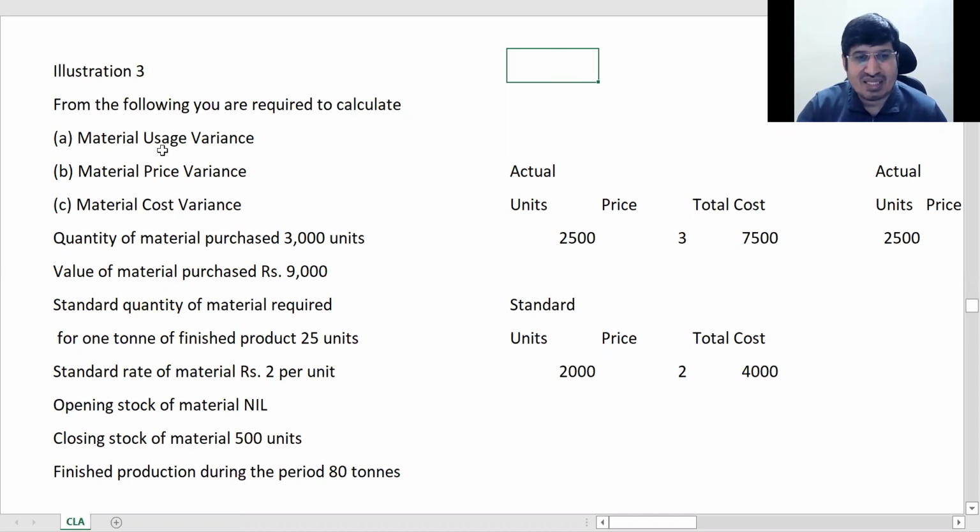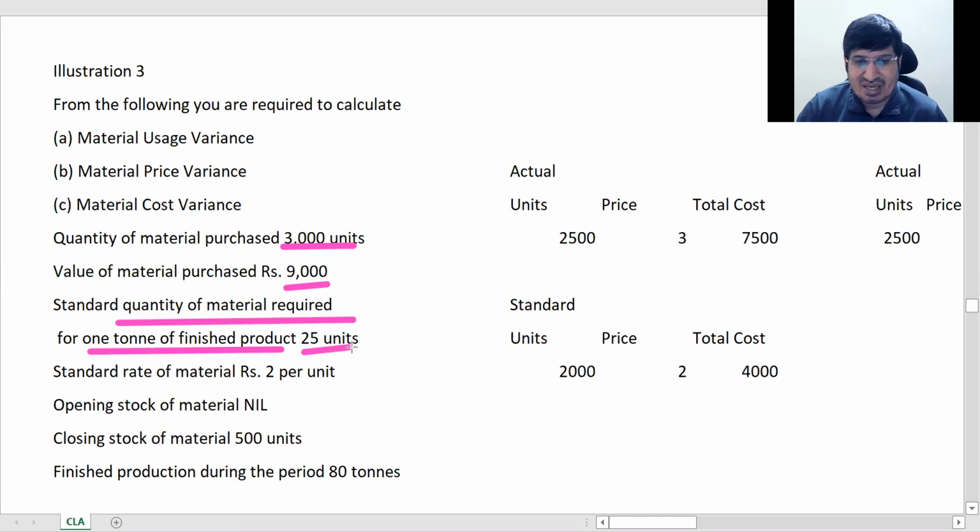Okay, let's see what is here. We have to find usage, price, cost variance. Quantity purchased is 3000. Okay, its value is 9000. Standard quantity of material required for 1 ton of finished product is 25 units. Okay, 25 units are needed for 1 ton, for 1 unit of finished product. Okay, that is the standard, and this part, no, this is the actual which they have given us.